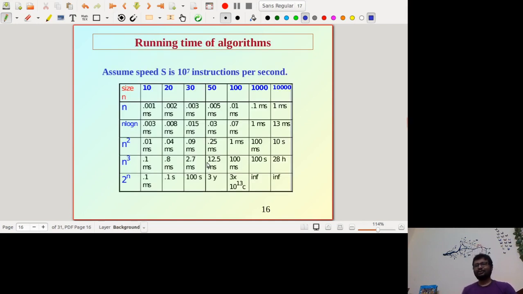Okay. So let's now convince ourselves that advances in hardware do not necessarily fix inefficient algorithms. Let's assume that a machine has a speed of 10 to the power 7 instructions per second. Now this is a table that lists the time taken by this machine on inputs of various sizes, where the size of the input is n.